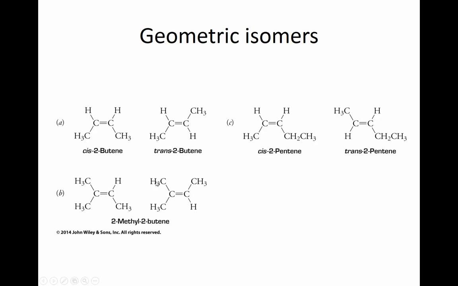So this would always be cis, this would always be trans, and this would always be cis, and this would always be trans. Because we have symmetry on this carbon here, this is neither cis nor trans. It's simply 2-methyl-2-butene, regardless of which way this CH3 is facing. So in these two examples in A and C, we have cis and trans, but here in B, we don't have cis and trans.